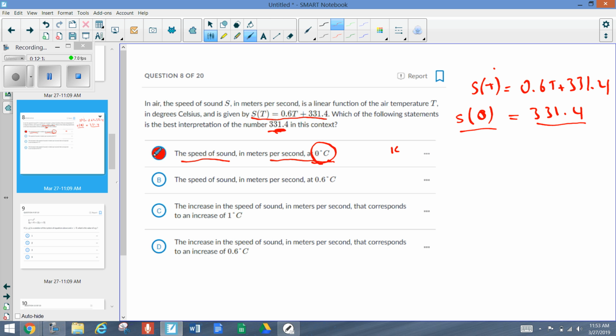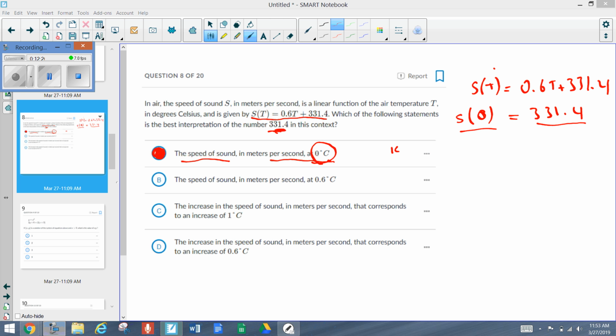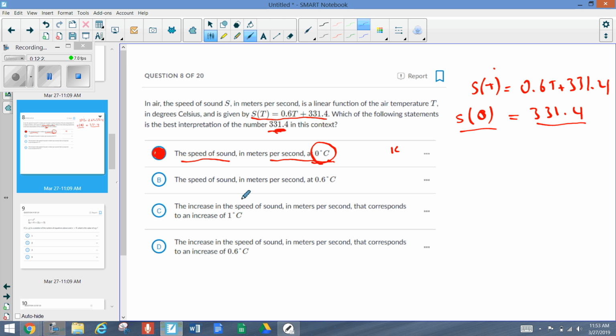Isn't that right? Look at B. Let's analyze B. Speed of sound in meters per second at 0.6 degrees Celsius. So that means I'm going to plug that in: 0.6 times, this is 0.6, that makes 3.6 plus. So we're going to add those two numbers, right?